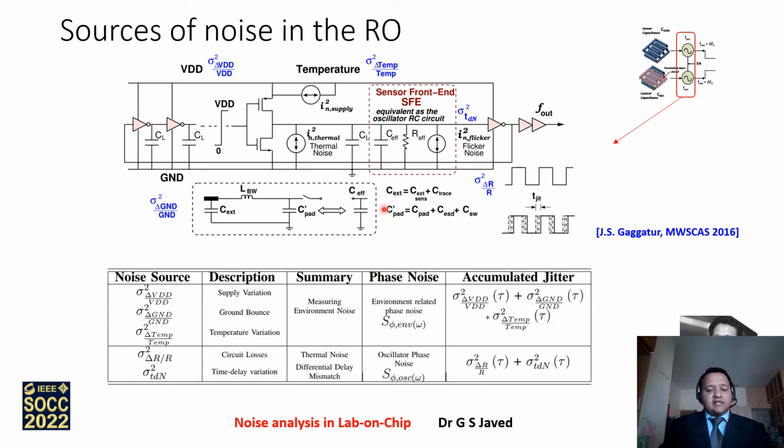The C effective pad is given by the C pad value, the ESD protection present at that load, and the switch capacitance that is present. So all these are cumulative. These help in calibrating the system and getting the effective output. So this is the environment of the noise measurement, and the environment in which the oscillator is doing the measurement.